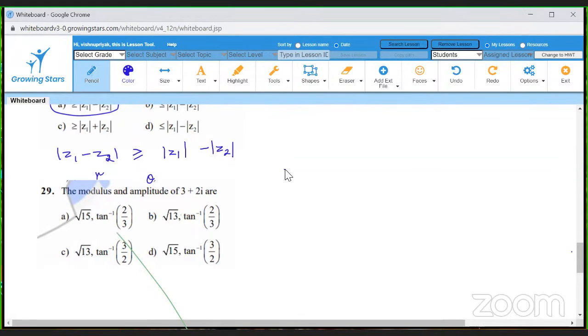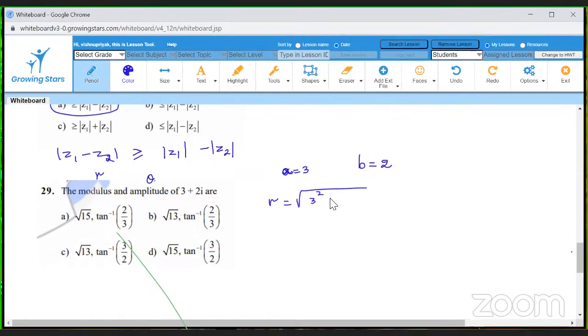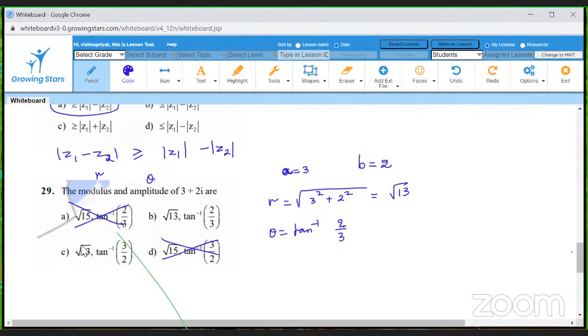So you have x is 3 or a is 3. y is 2 or b is 2. Anything you can take. a is 3, b is 2. Modulus is square root of a square plus b square. That is square root of 13. That means A will be wrong, D will be wrong. Then theta is tan inverse b by a, 2 by 3. That means option C is wrong, B will be correct.